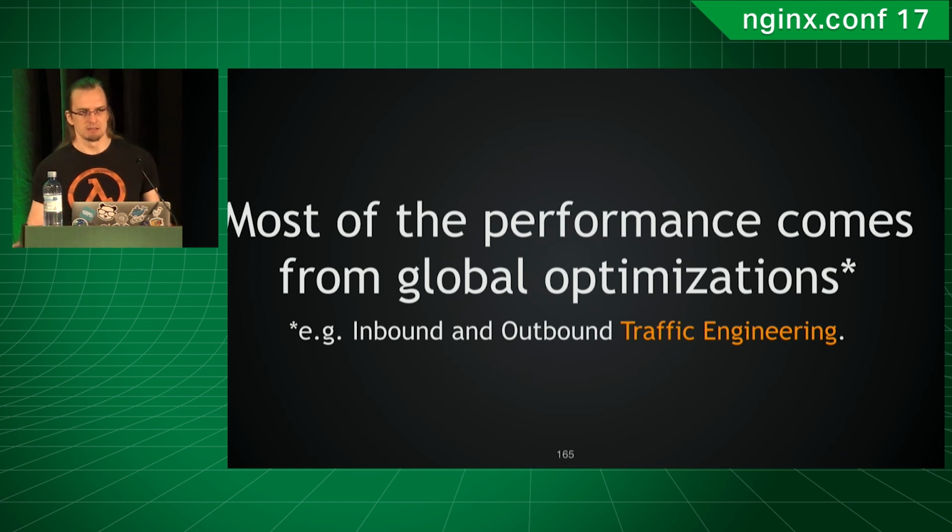Even huge companies like Google or Facebook are just starting to tinker with this, especially outbound traffic engineering. If you look at recent SIGCOMM, you will see that both Facebook and Google just released papers on that. So this is a very hot subject.